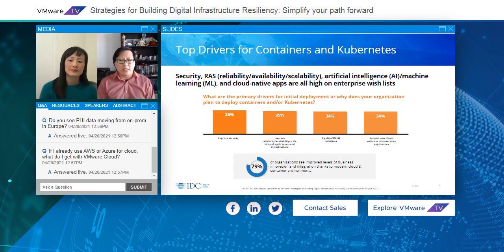And then some of the other big things we've seen are standard infrastructure drivers around what we call RAS: reliability, availability, and scalability. That's something that's still hard to do for a lot of people.